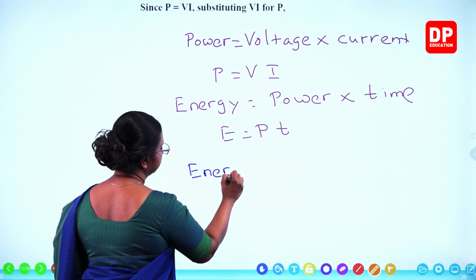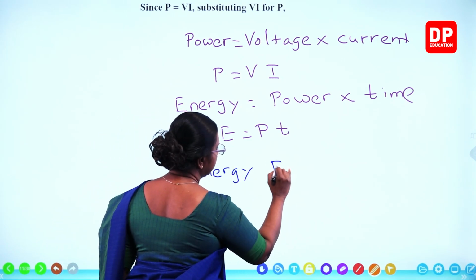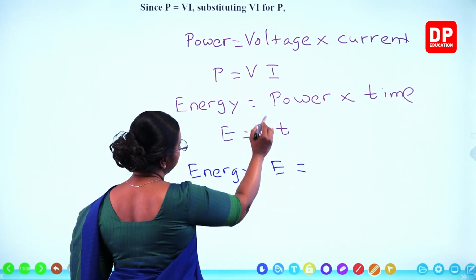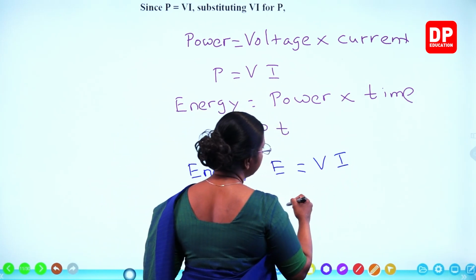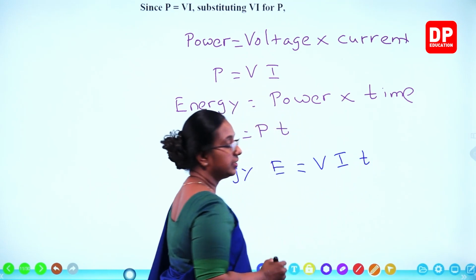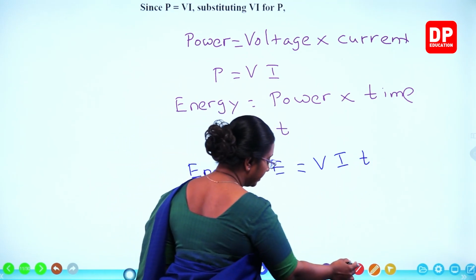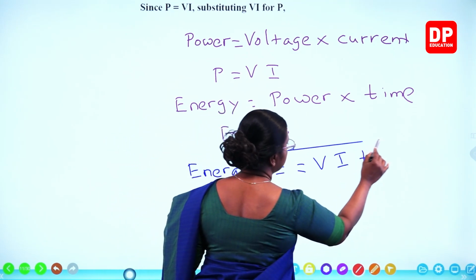Energy E is equal to, instead of power, we can substitute voltage into current into time. So you get this equation.